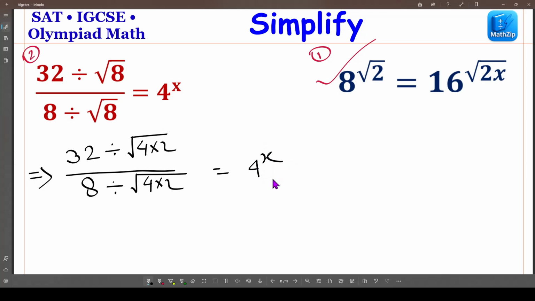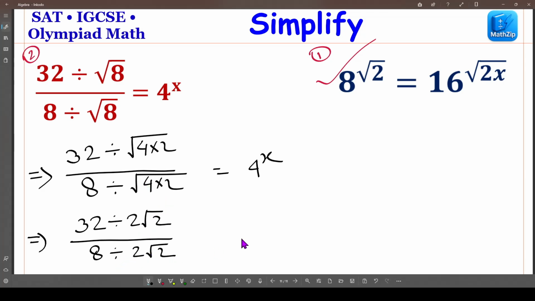Now we will not do anything to 4 to the power x. So now 32 divided by root 4 means 2, so 2 root 2. Same for 8 divided by root 4 means 2, and here is root 2, equals 4 to the power x.